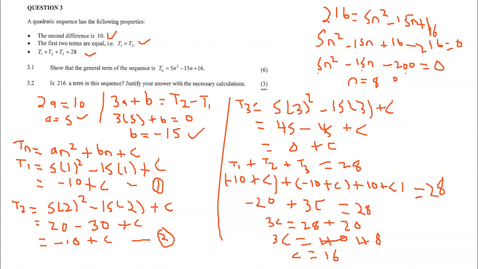The second one, I'm getting n is minus 5. But we know that n can't be minus 5, so this one will be cancelled because you can't have n as negative. So your answer will just be n is equal to 8. And that will be all for this question, which is 9 marks.